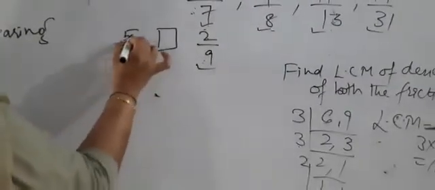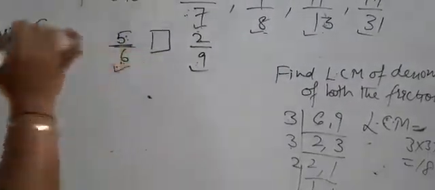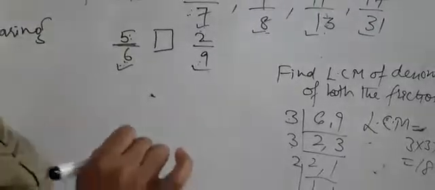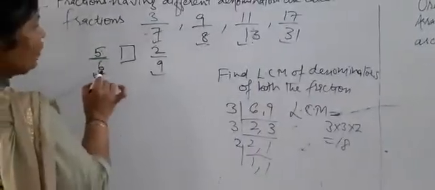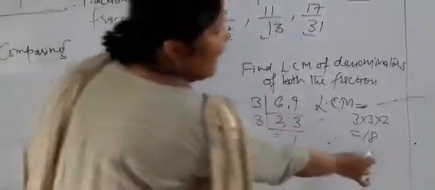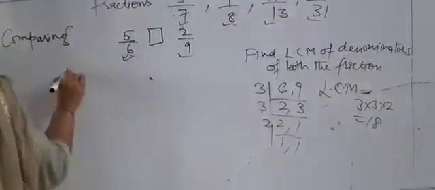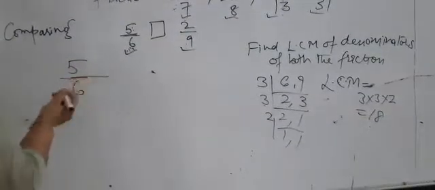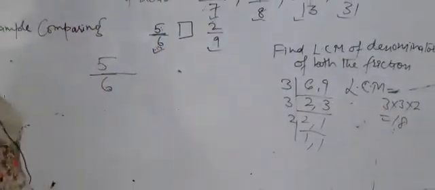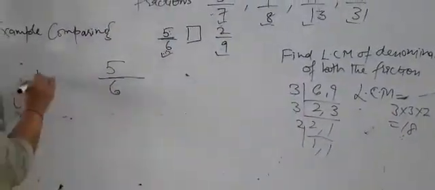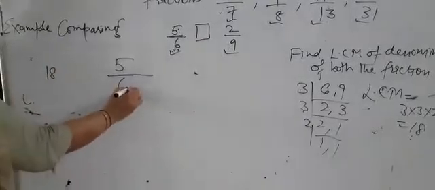Now you convert 5 upon 6 to the denominator 18. You will convert the denominator of the first fraction to equal the LCM. How will this 6 become 18, equal to the LCM? 18 is the LCM, this is the denominator.